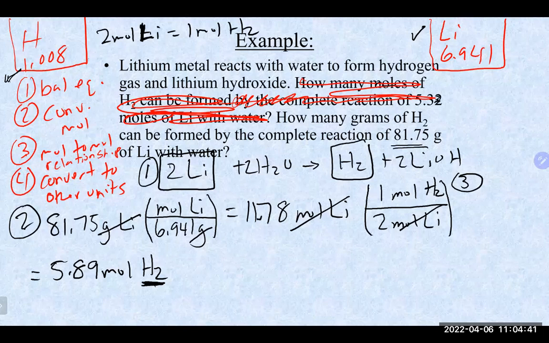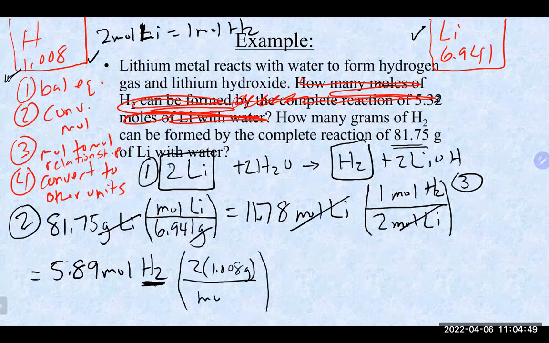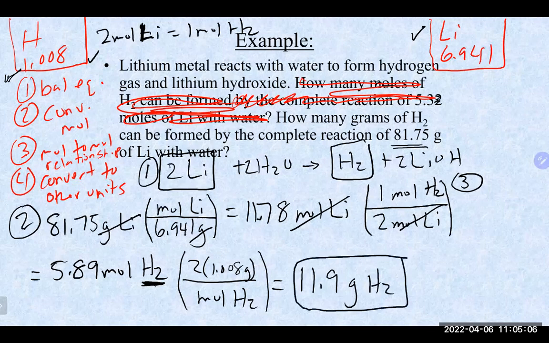So we want to make sure we use the molar mass for H2 and not lithium. So again, you would go back to the periodic table, and that would be 2 times 1.008 grams per mole for our H2, or 2.016. And that gives us 11.9 grams of hydrogen would be produced in this case.